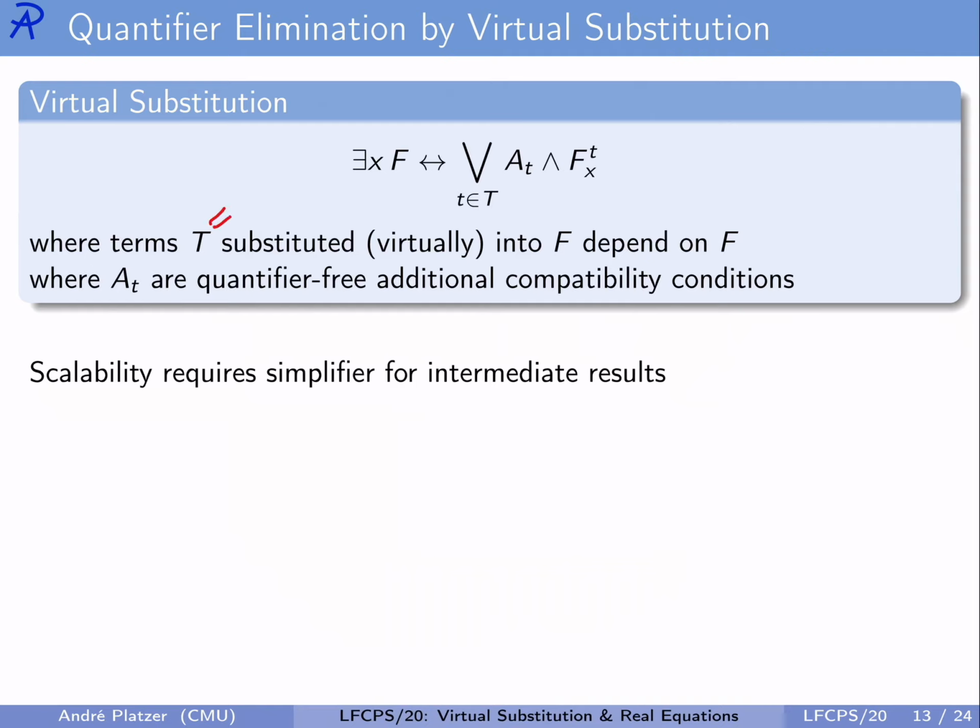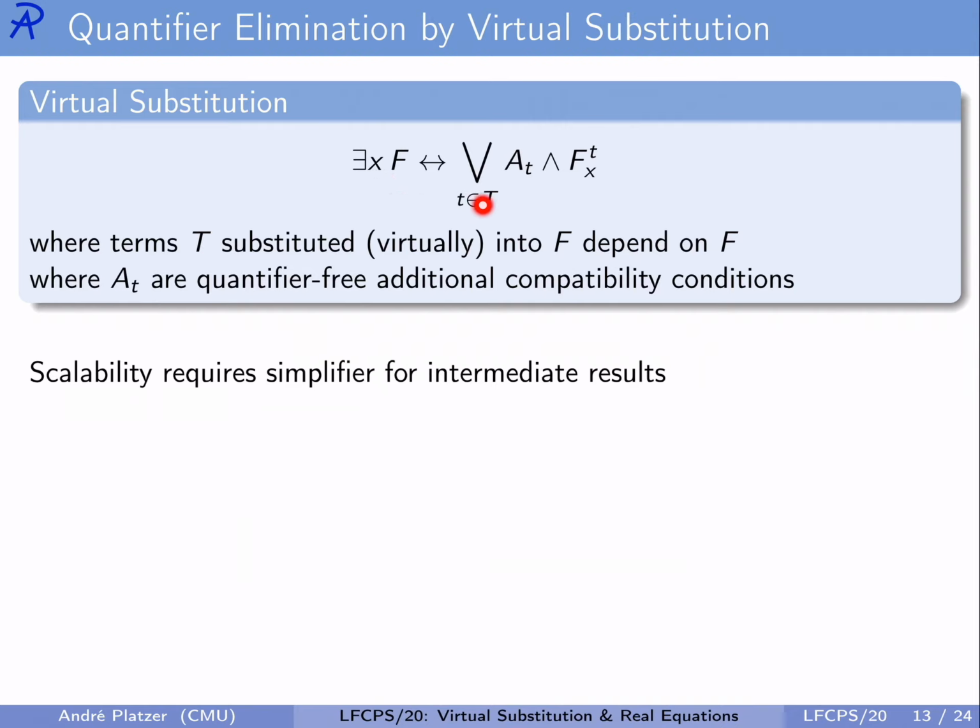If for T we would use the set of all real numbers, then the two sides would be clearly equivalent, because there is an x such that f is equivalent to f of t for any real number t. But the problem is that then the right-hand side would be an uncountably infinitely big formula, which really isn't a finite formula at all. So we have to make do with just some smaller set of concrete points we plug in. But at least this side always implies that because these are all concrete witnesses.